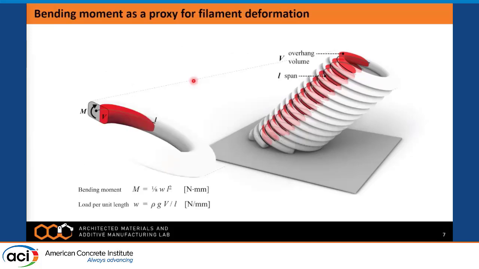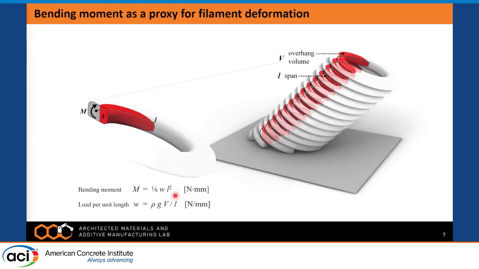To approximate filament deformation across an unsupported span, researchers have used the simply supported elastic beam model. Assuming linear elasticity and uniformly distributed load across the filament, we can obtain the bending moment M at the midpoint of the span using this equation. Higher values of the bending moment can lead to greater deformations.